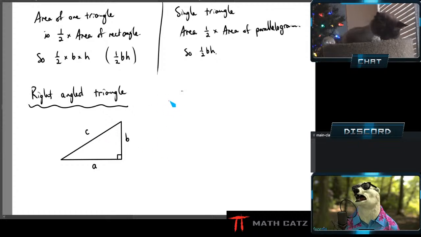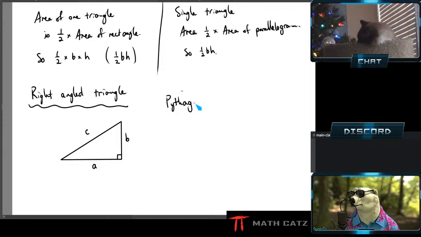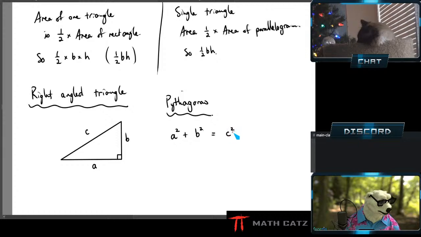For a right angle triangle, a very famous fella by the name of Pythagoras proved that there is a very strong relationship between the lengths of these sides: that the square of the perpendicular sides added together is always the square of the hypotenuse.